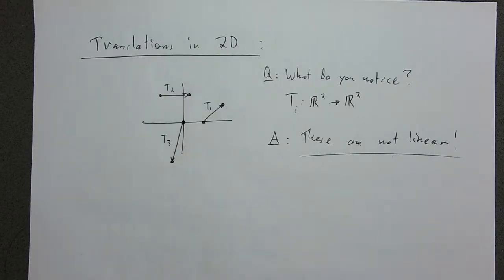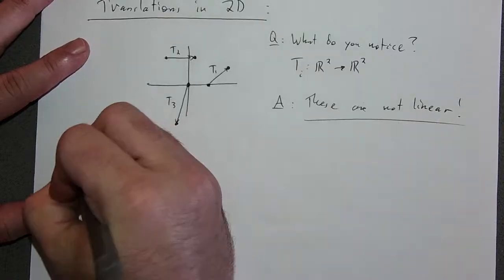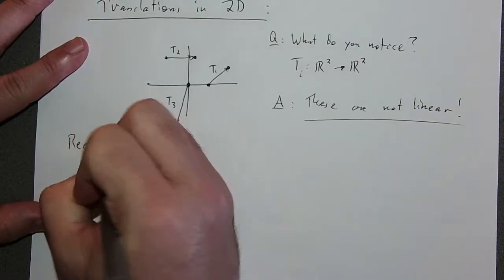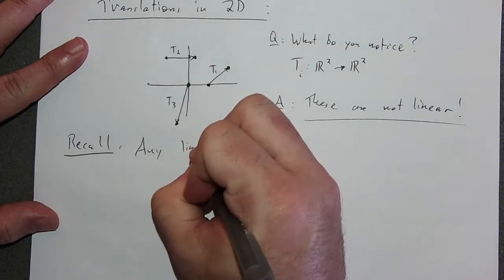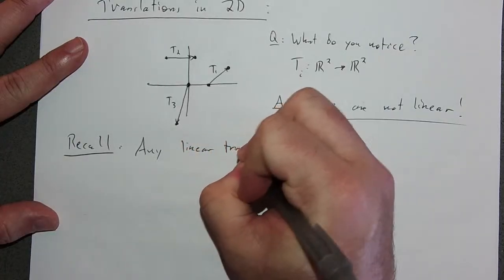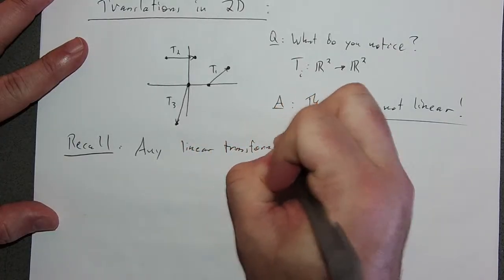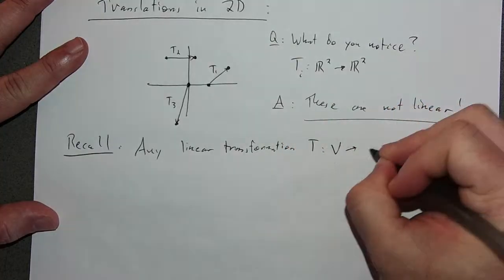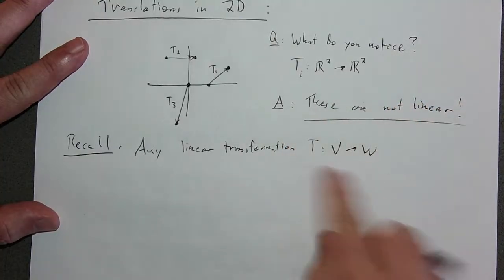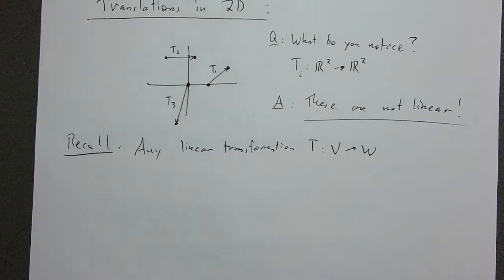What do I mean? Recall, any linear transformation between vector spaces. I'm going to do it for vector spaces just to show you how deep this is. This is at the fundamental layer. This has nothing to do even with matrices.